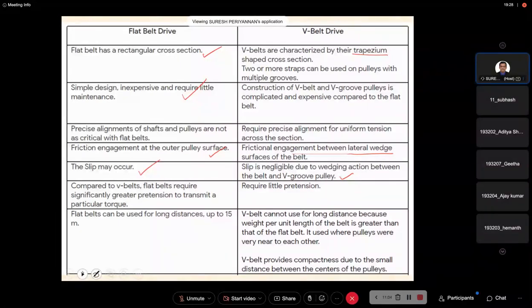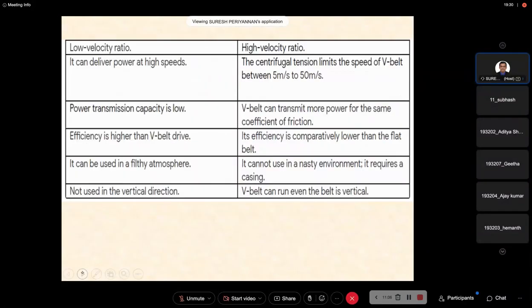The flat belt can be used for long distance power transmission, while the V belt is used for small distances. The flat belt can be used in crossed belt drive applications, transmitting power in the opposite direction from driving pulley to driven pulley. For the V belt it is difficult. We can't say we cannot use it, but it is very difficult to use in cross applications.